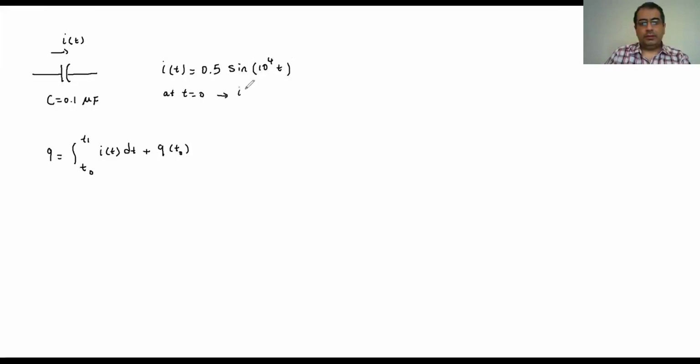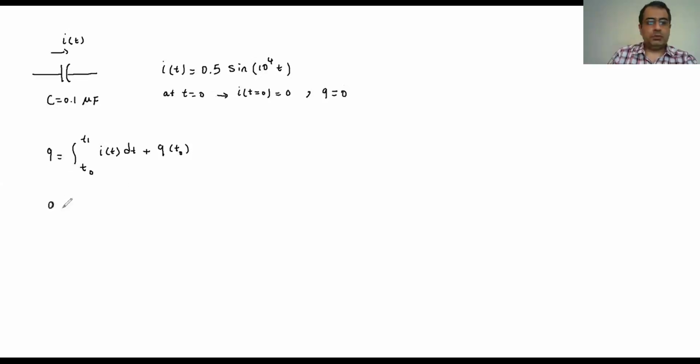So I(t) at t is 0 is 0. So if I start from t0, I'm going to do it parametric, the I(t) is going to become 0. So there's no current at the beginning of that. And because there is no current at the beginning, there's nothing there. Also, we assume the Q is 0. So at t0, assume current is 0 and Q is 0. It's completely discharged. Nothing is there. And then we'll see what happens.